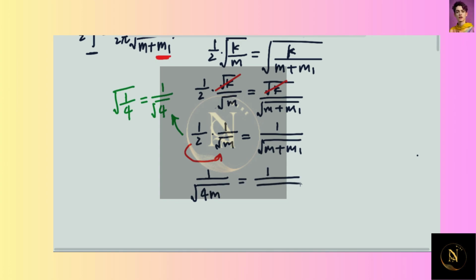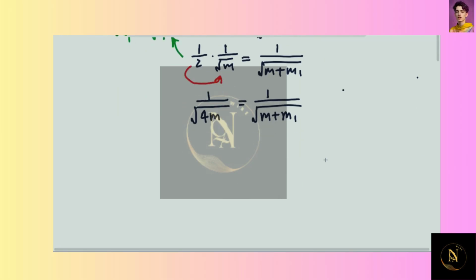And the right side is still the same, because we didn't really change any value on the left side. We just changed the form of the 1/2. And now we have something that looks very similar on both sides. From here, we can take out the 1 and the square root, and we can say that 4m equals m plus m1.